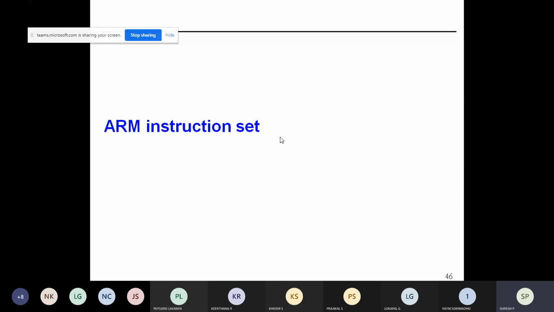Then we discussed the current program status register, CPSR, and its different fields: flags, status, extension and control. What bits you have in control and what bits you have in flags. The status and extension fields are reserved for future purposes.